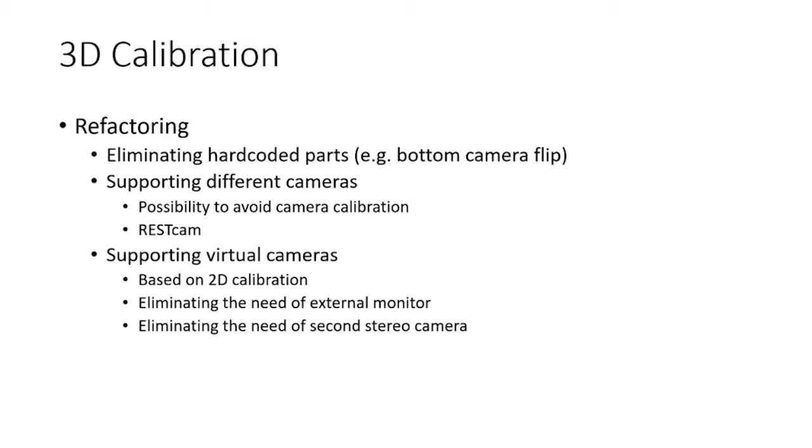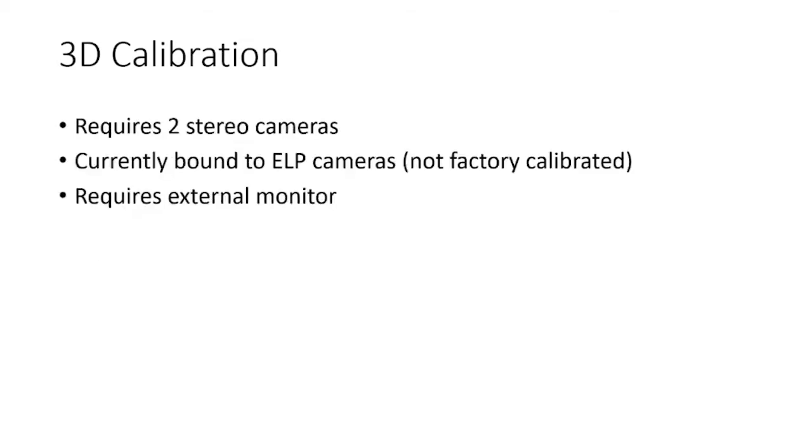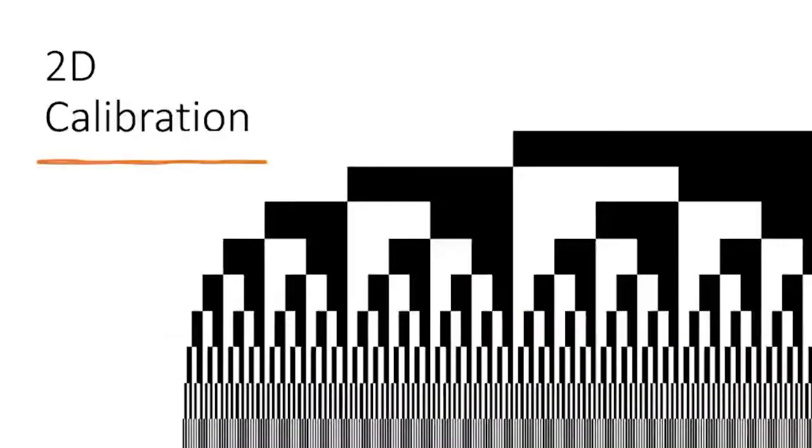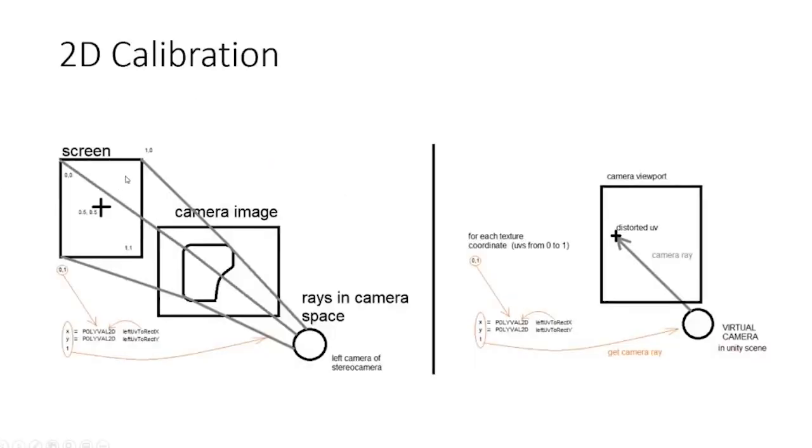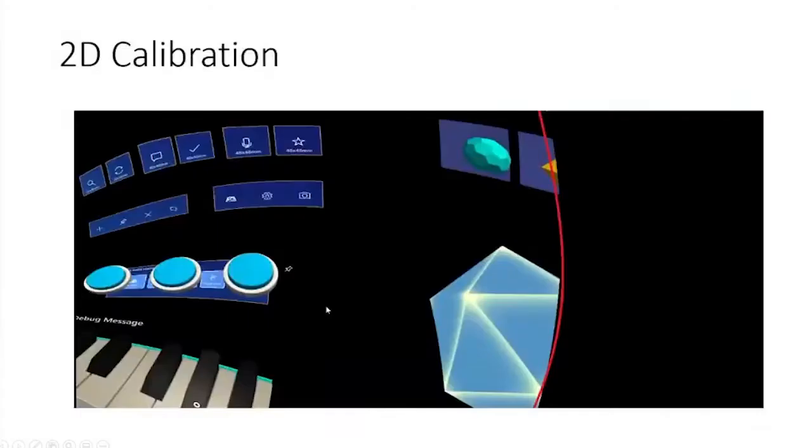Even before I did finish this, I came to the idea that we can use virtual cameras. The idea of the virtual camera is based on 2D calibration, because you remember the 2D calibration basically gives you the mapping between the screen and the camera image.